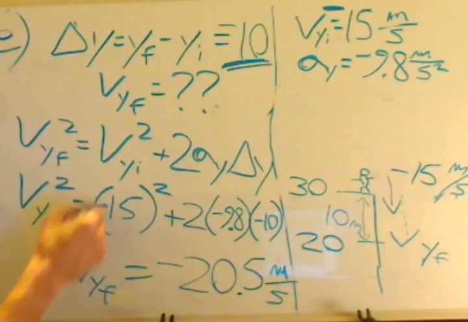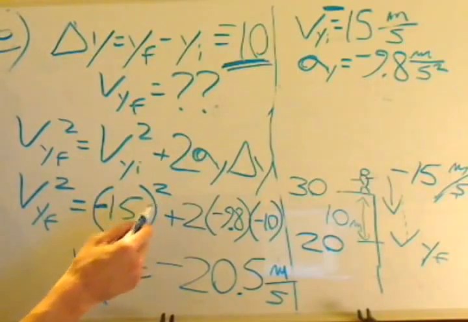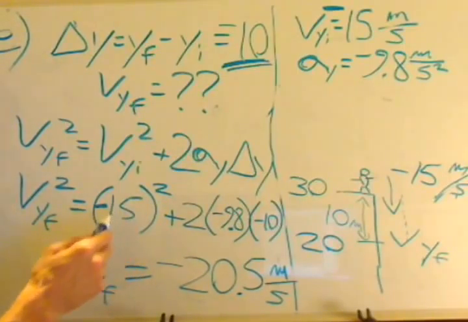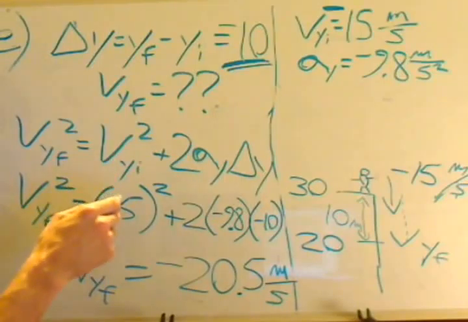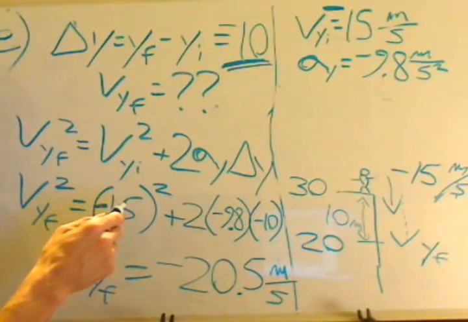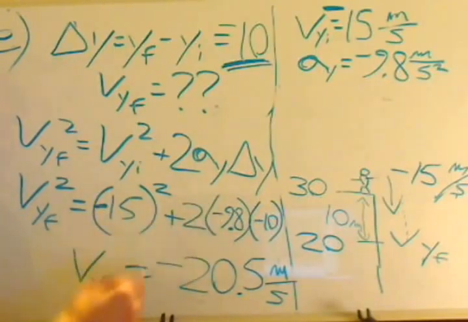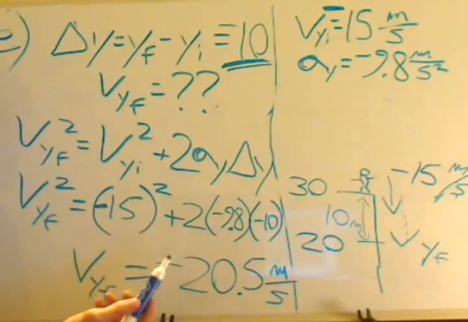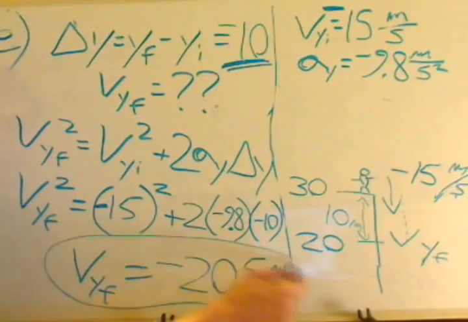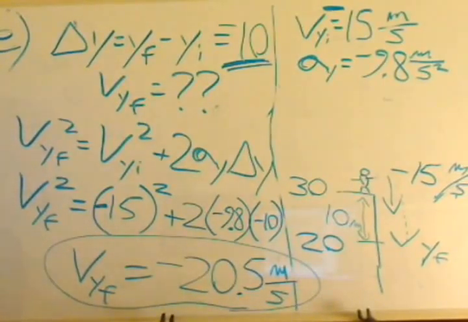But when we square this, we get the same answer as if we just had 15 squared. So when we do that term out, we get the exact same answer we had in part D. Because minus 15 squared is 15 squared. So there's our result, same as in part D.